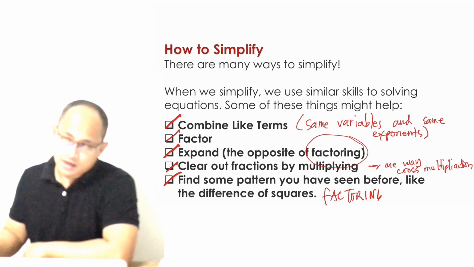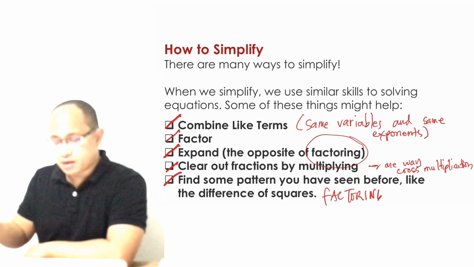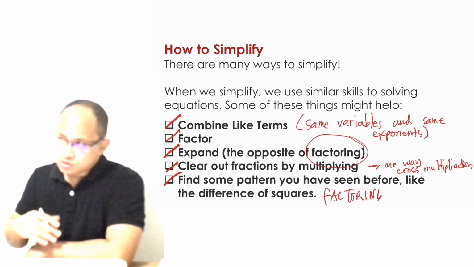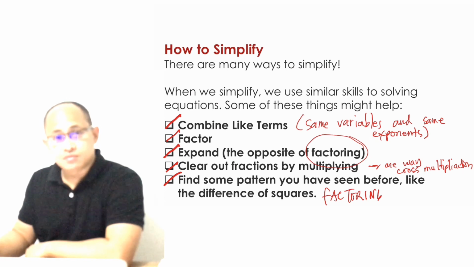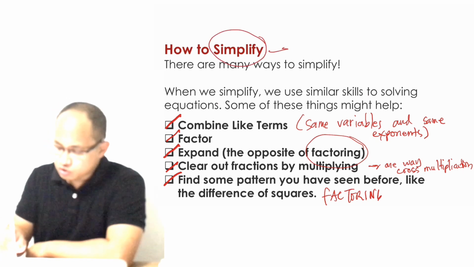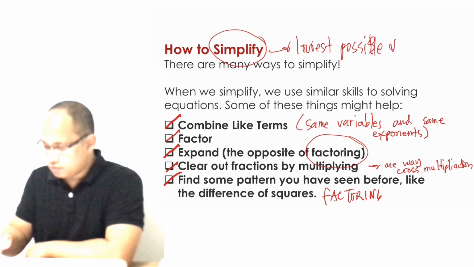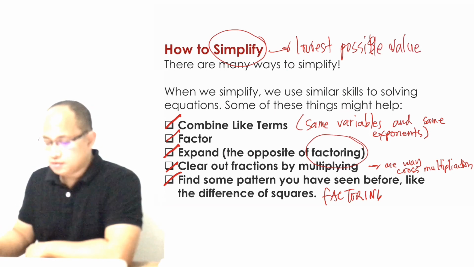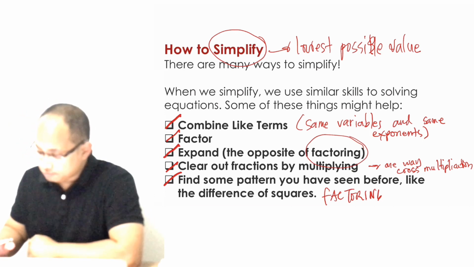Fifth, if you remember another way of doing it, try to expand or solve it using some patterns, as long as the answer is in simplified form. When you simplify, it should be in its lowest possible value.